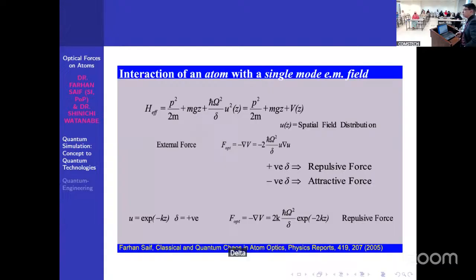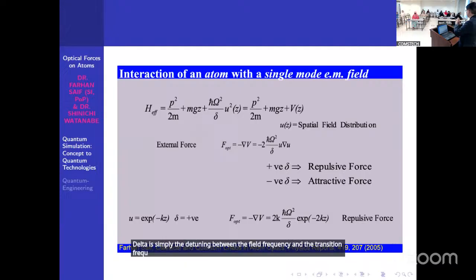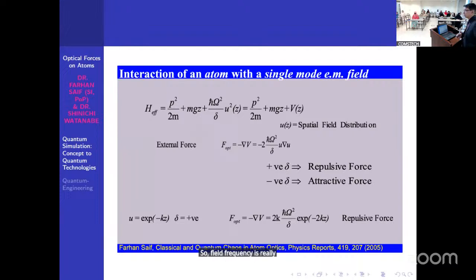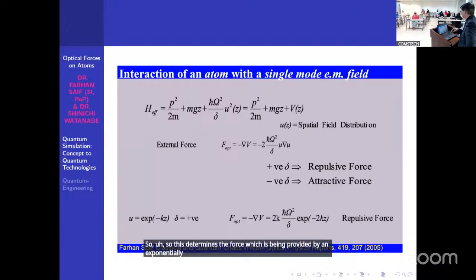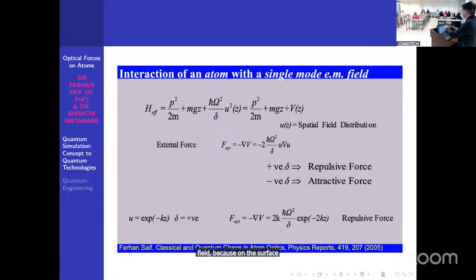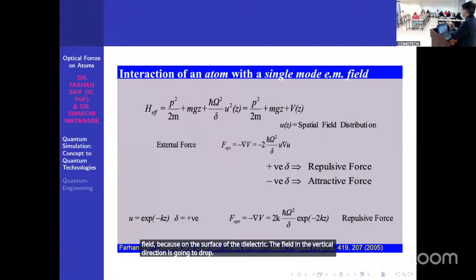Delta is simply the detuning between the field frequency and the transition frequency, or any transition frequency related to the atom. So the field frequency is really big in this sense. So this determines the force which is being provided by an exponentially decaying field, because on the surface of the dielectric, the field in the vertical direction is going to drop exponentially.